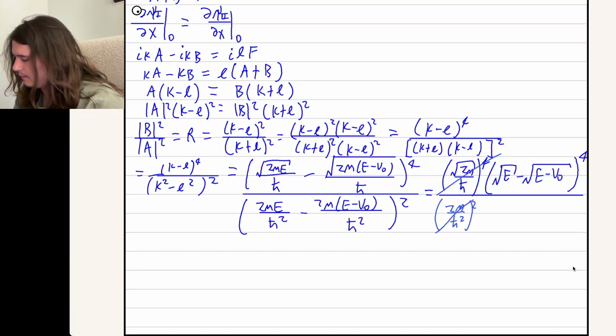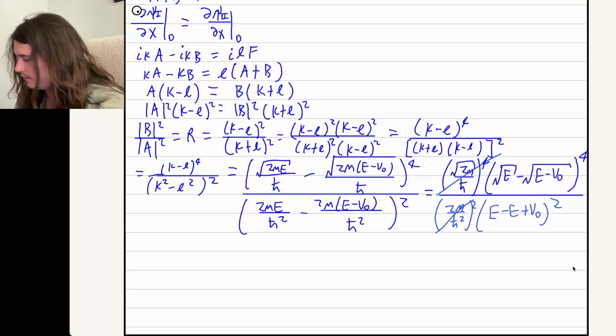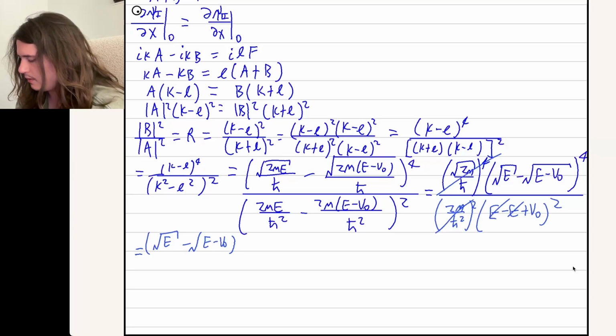But then we still have this E minus E plus V naught in the square. And those E's cancel out, so that's funny. So all in all, we will have root E minus root (E minus V naught), and it's all squared.